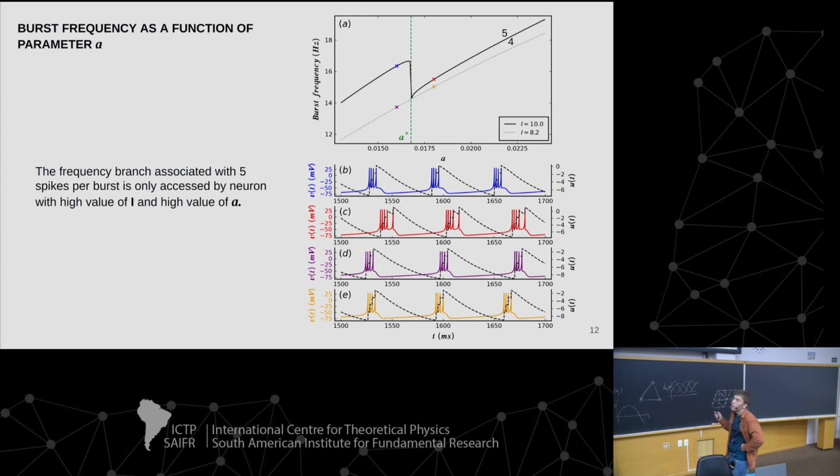I found something similar in the Hindmarsh-Rose model. When I go to simpler models, I have fewer parameters to explore, and then it's even harder to find this kind of bifurcation, because it's a specific bifurcation. I have a bursting dynamics, where the bursts are periodic, and they gain a spike and remain periodic for a wide range of parameters. So I don't know if the Chialvo would behave like that. Thank you.